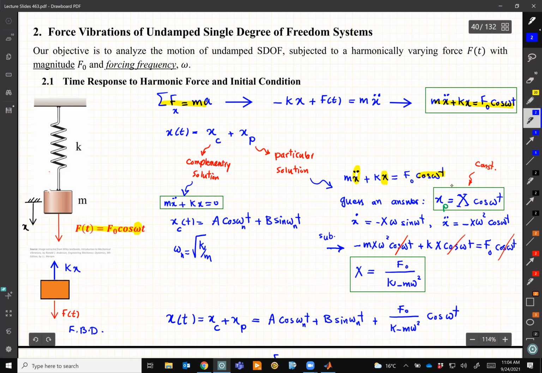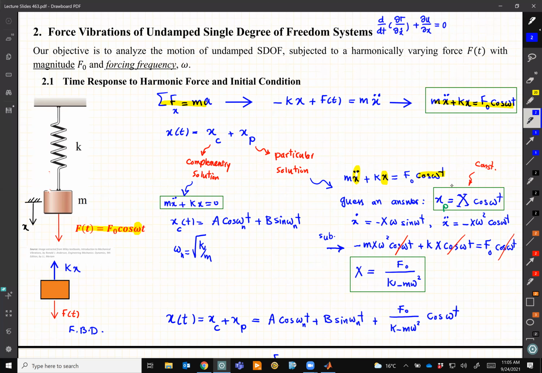But just to give you a heads up, if you recall the Lagrange equation, I'm just going to write it at the corner. It has this form: d over dt of the derivative of T with respect to x dot, plus the derivative of U with respect to x, is equal to 0, right? That was the Lagrange equation.